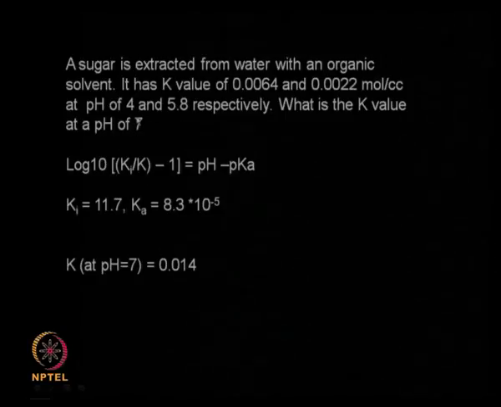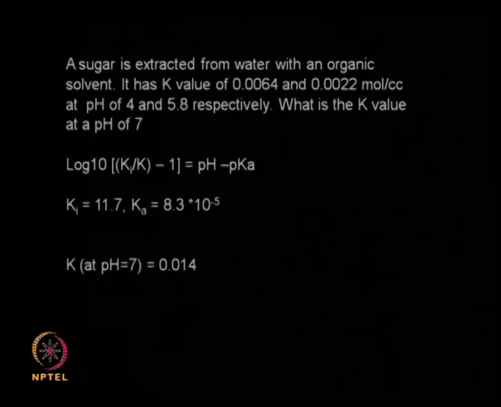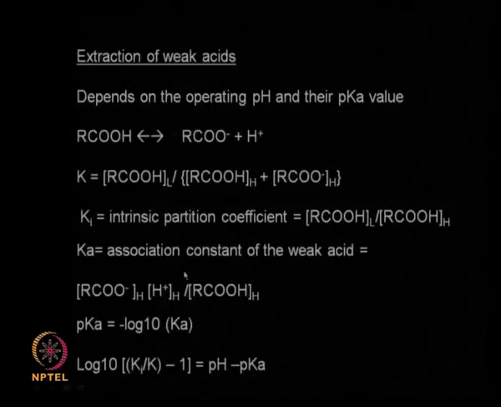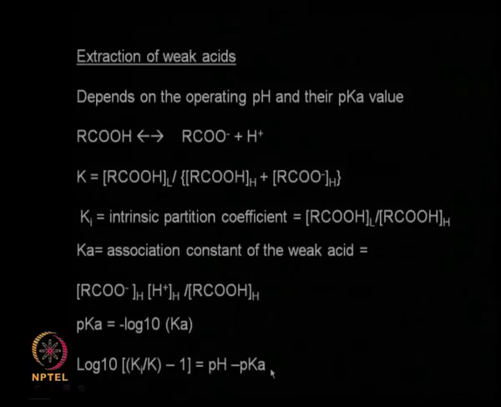So if the K value changes, that means if your partition coefficient changes, the efficiency of extraction also is going to change. So you need to identify the best pH where your K is maximum, so that your extraction is also very high. Okay. So all you need to do is substitute into this previous equation, log 10 of (Ki by K minus 1) is equal to pH minus pKa.